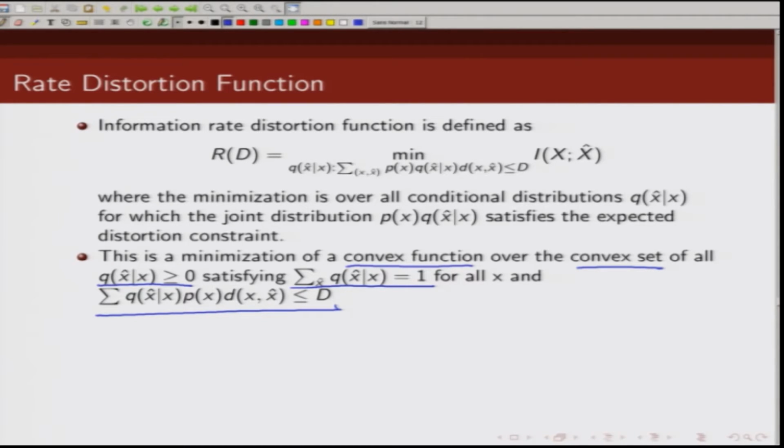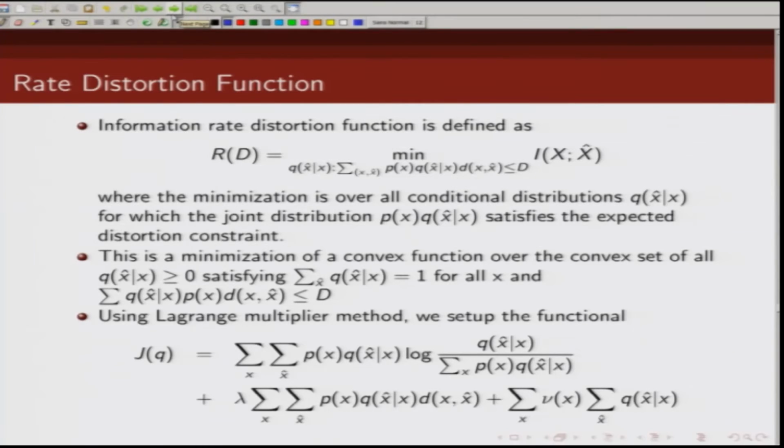So again I repeat, basically we are minimizing this convex function over this convex set, and we have some additional constraints, which is that the sum of probabilities is 1, and this expected distortion constraint should be satisfied.